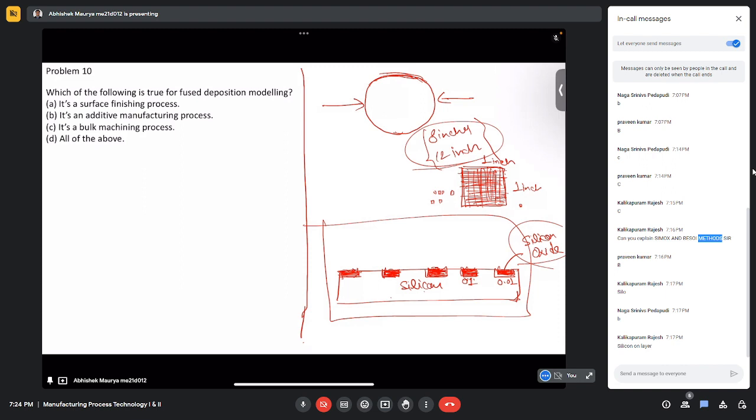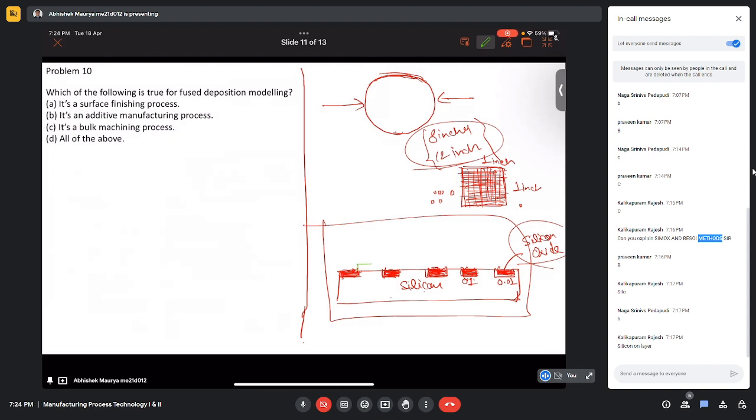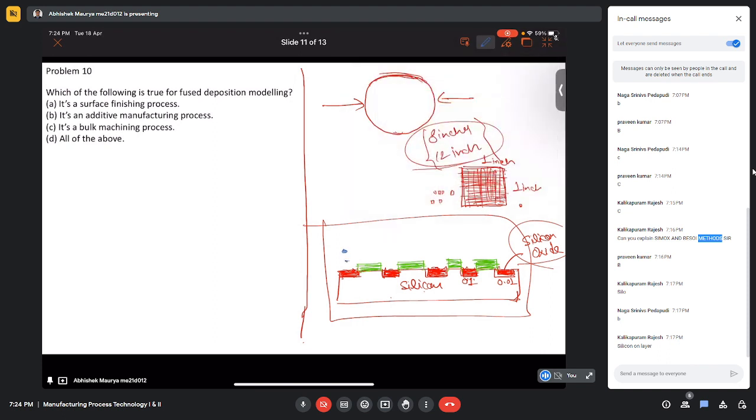If this region has to be reacted, then definitely other regions have to be masked. And if these regions are masked and we are supplying oxygen atoms, we are creating an oxygen environment.